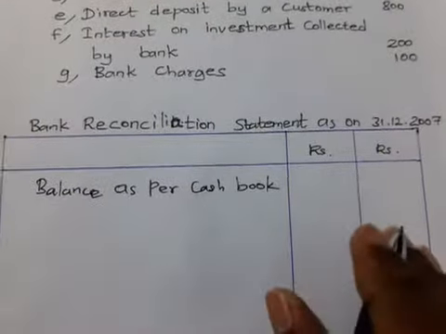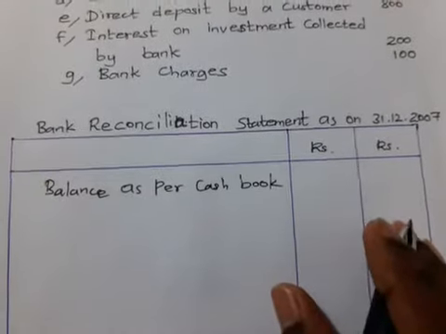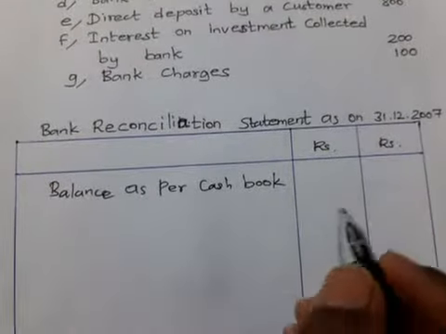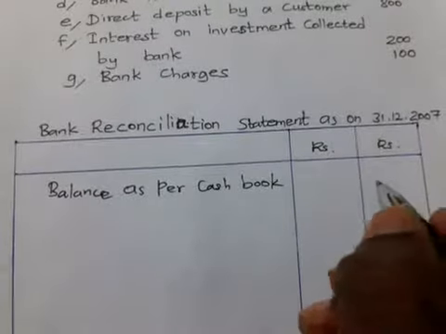Balance as per Cashbook, which is recorded in the books of the firm, this amount. So this is 12,500.